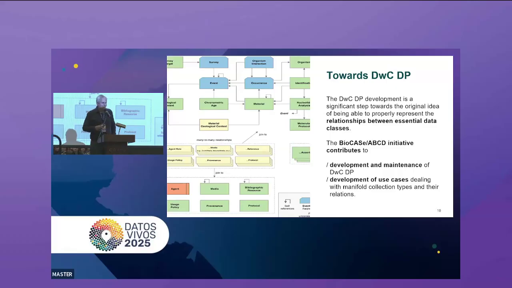So for the ABCD and BioCASe community, it's really a relief to see that now the original idea of relational data representation and transmitting relational structures over the internet finally comes true. So what we would like to do as a BioCASe ABCD initiative is really to support this initiative, for example, by contributing to the development and maintenance of the Darwin Core Data Package standard, and also by developing templates for typical usage scenarios.